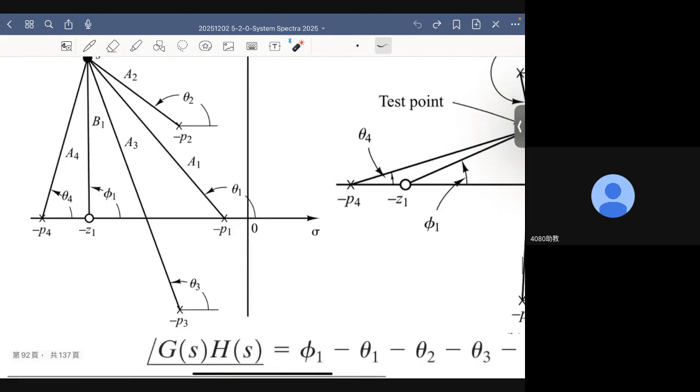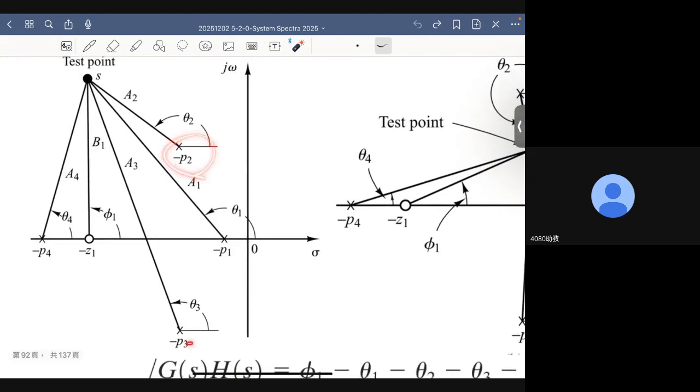Similarly, the locations of minus P2, minus P3, and minus P4 are all represented by these cross signs. And the circle here represents minus Z1, which corresponds to the zero.